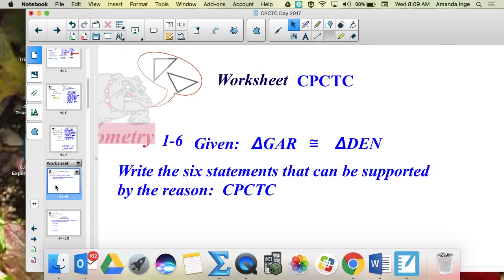So that takes me to your worksheet. And on your worksheet, the first question says, write the 6 statements that can be supported by corresponding parts of congruent triangles are congruent.